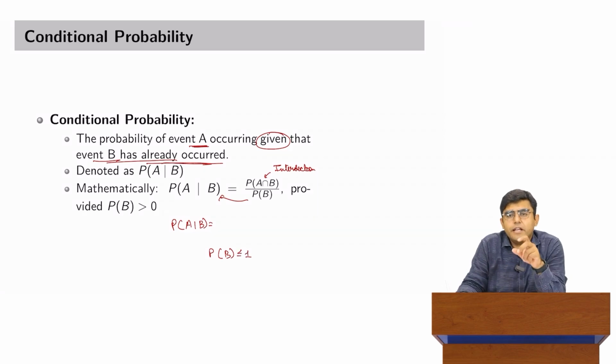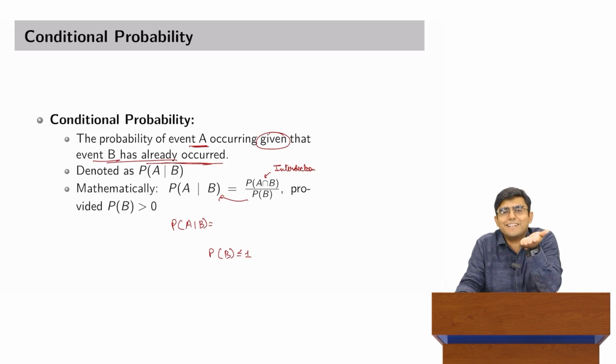Whenever we divide any number by a number less than or equal to 1, we are inflating its magnitude. And that is what conditional probabilities do to us.